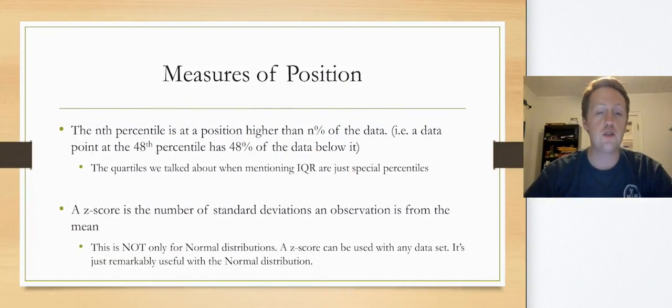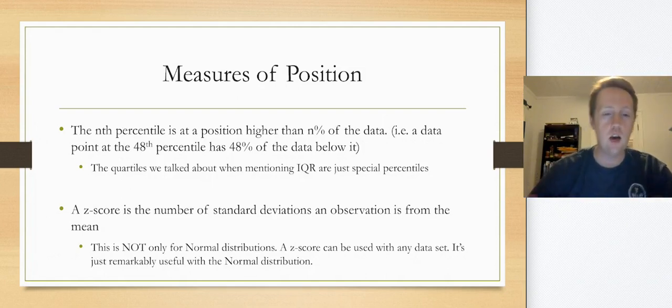All right, first thing is measures of position, what a percentile is. Remember, the percentile is something that's got like a certain amount of data below it. So the 48th percentile has 48% of the data below it, which consequently means 52% of the data is above. The quartiles we talked about in one variable statistics part one, those are special percentiles.